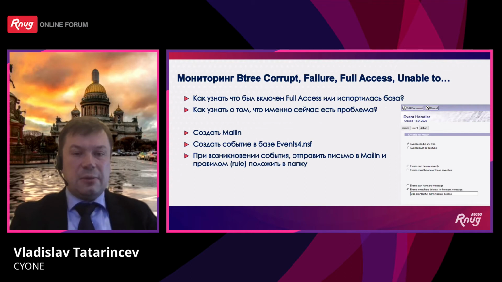For example, you can create an event for a base, and as soon as somebody turns on full access administration, you will get a notification. It will reach the base.